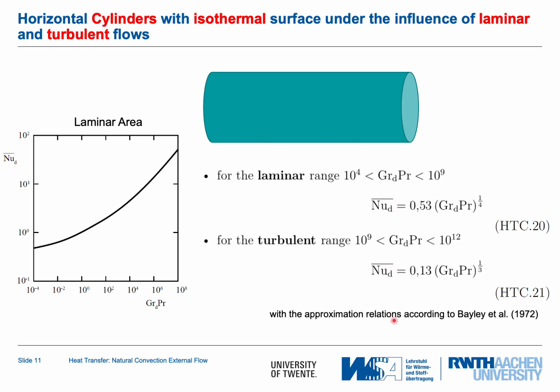Now, these approximate relations were obtained by Bailey in 1972, and those are the ones that we use here. And here you see the graph of Nusselt versus Rayleigh number. Again, we looked here at horizontal cylinders, isothermal surface, under the influence of laminar and turbulent flows.